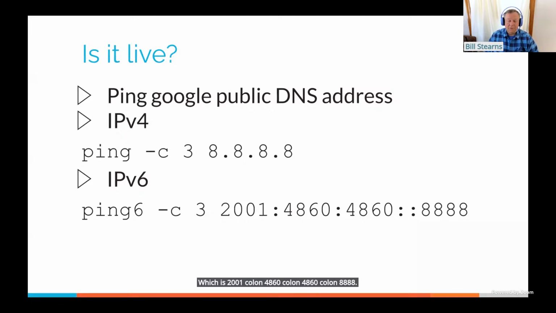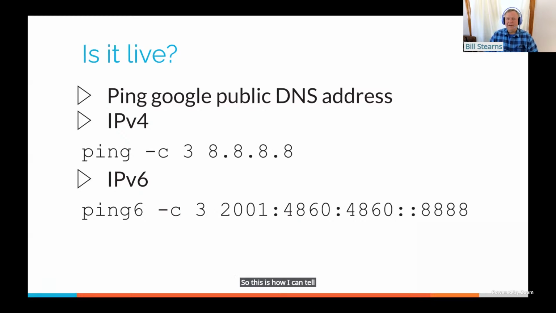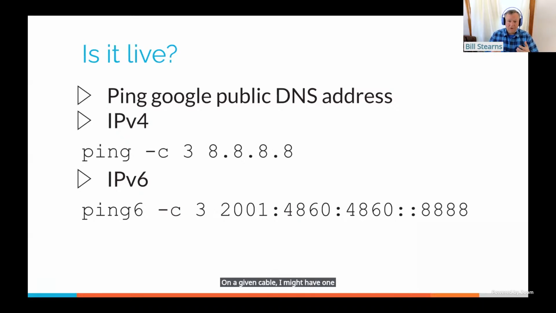If I get some replies back, I know that I have a working IPv6 address and a working IPv6 connection. So this is how I can tell whether I have a live internet connection for both IPv4 and IPv6. On a given cable, I might have one or the other, or both, or neither. And that helps me troubleshoot whether my connection to the internet is good or bad.